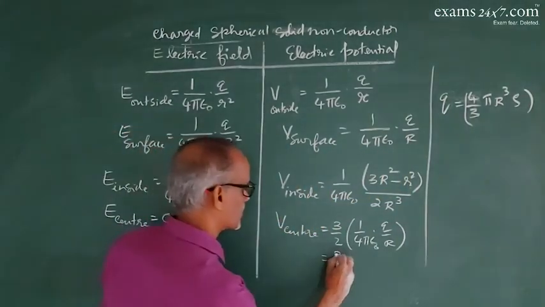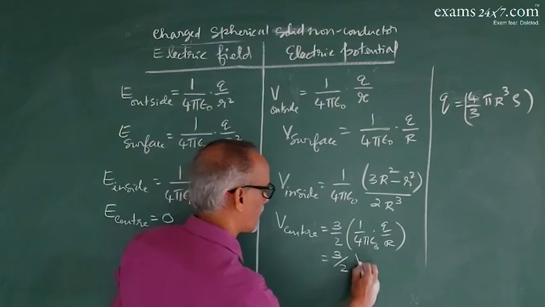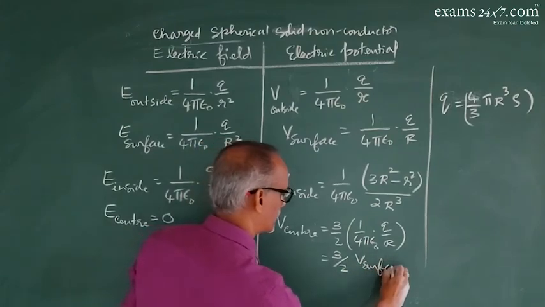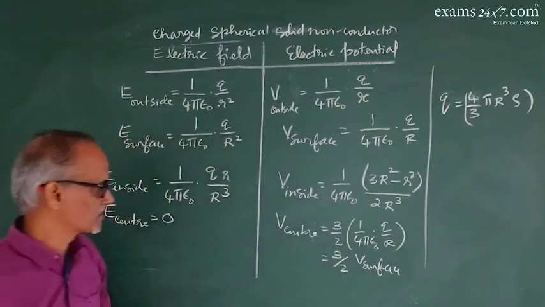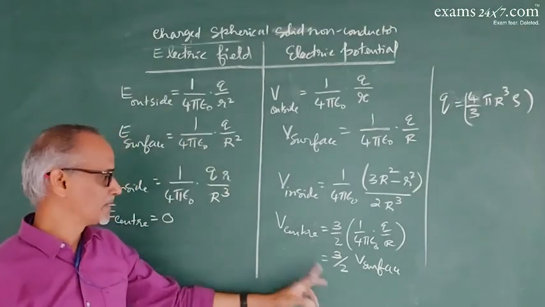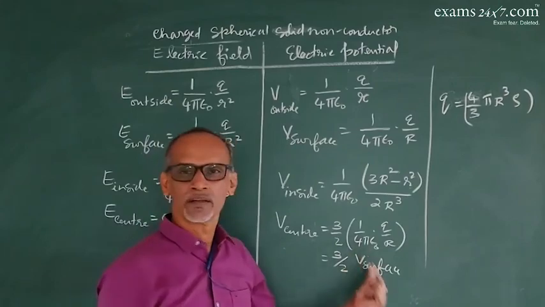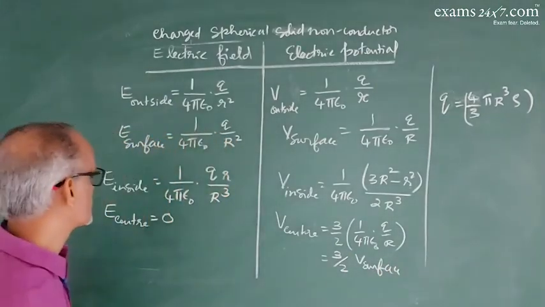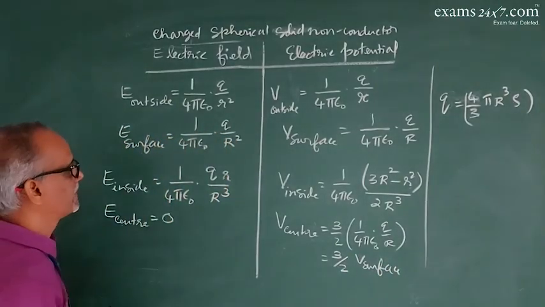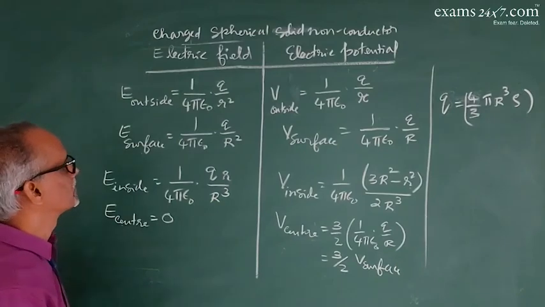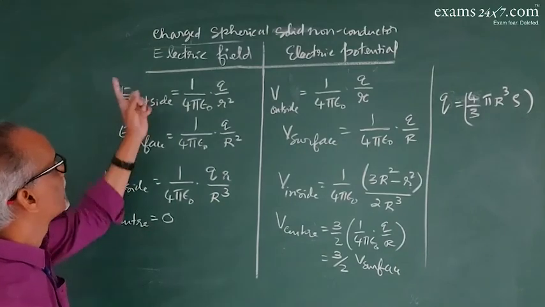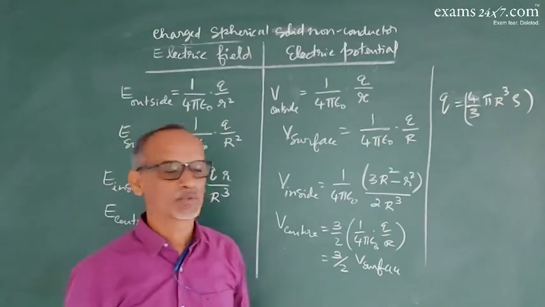So it is equal to 3 by 2 times the potential on the surface. So the potential at the center is 3 by 2 times, or 1.5 times, the potential at a point on the surface.